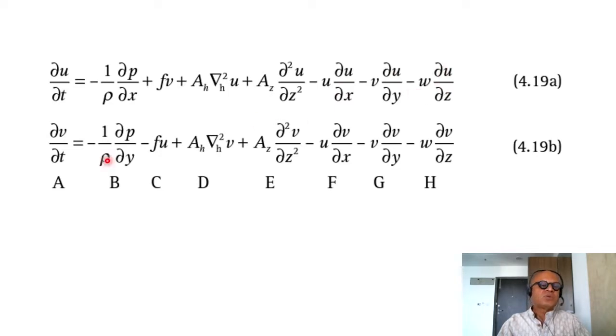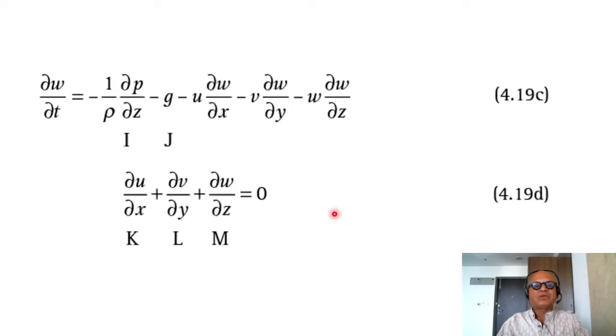Okay, so similarly in the meridional direction we have dv dt equal to the pressure gradient term, the Coriolis term, the eddy viscosity term for momentum mixing, and the momentum advection terms, and those are the terms that are written here as A, B, C, D to H.